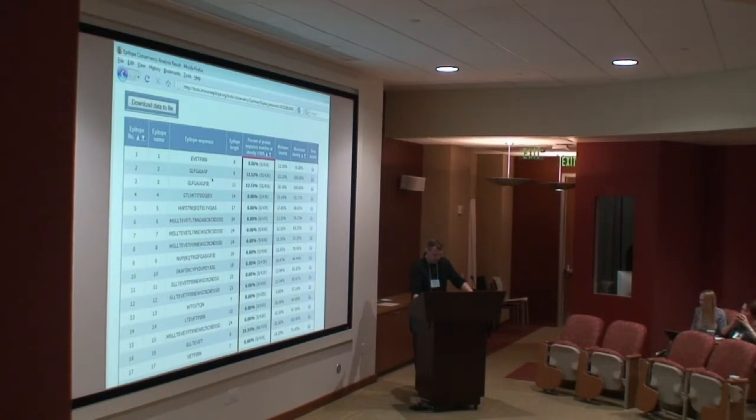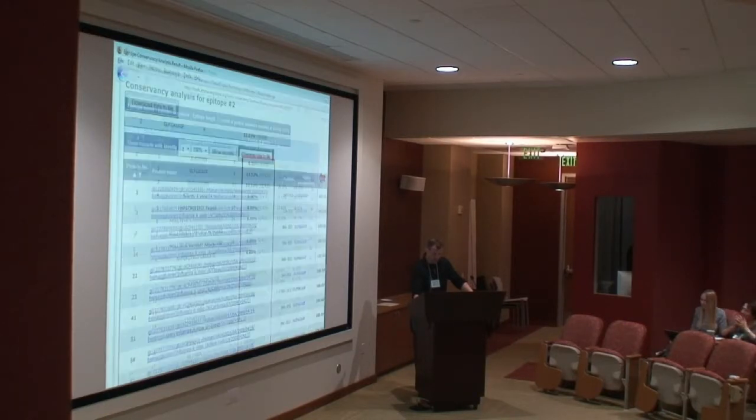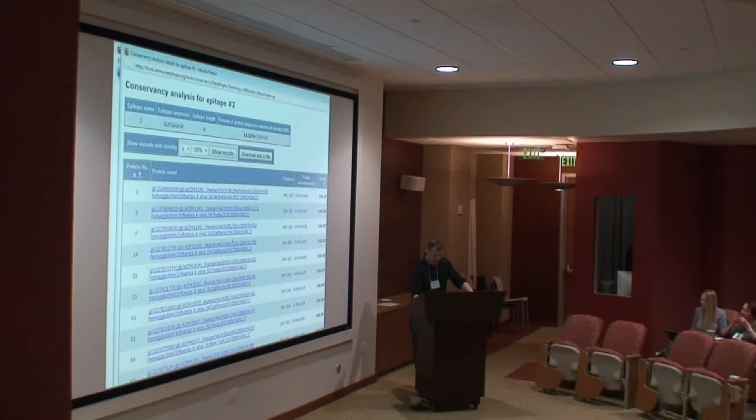In this case, for example, this sequence is found in all 55 strains, and you can look at that in detail and see that all these different swine flu strains contain these epitopes.